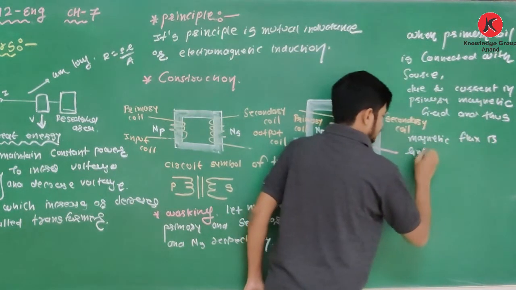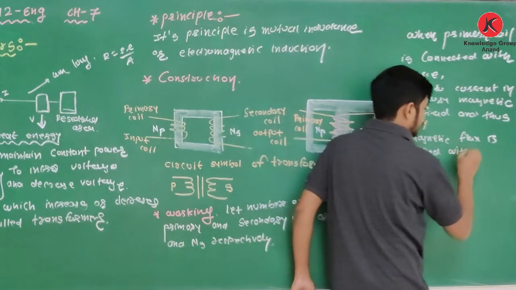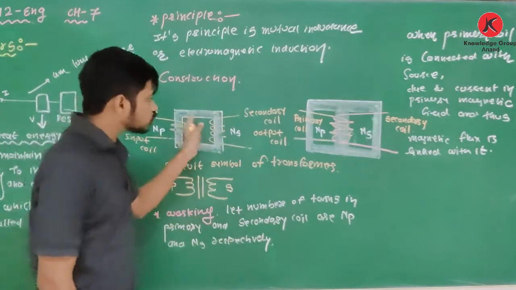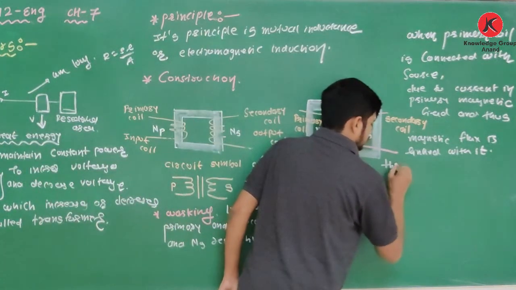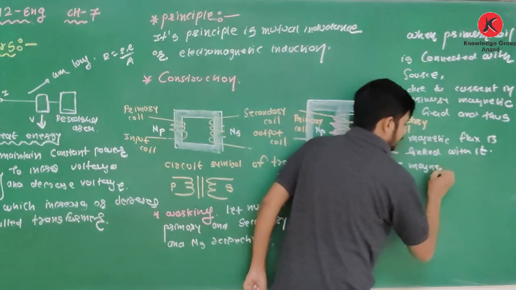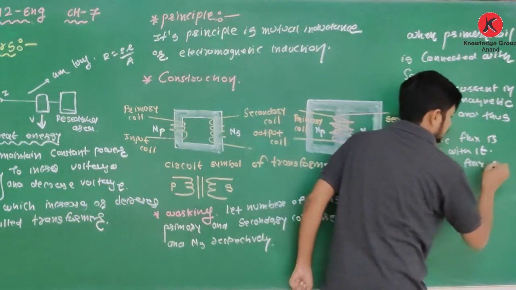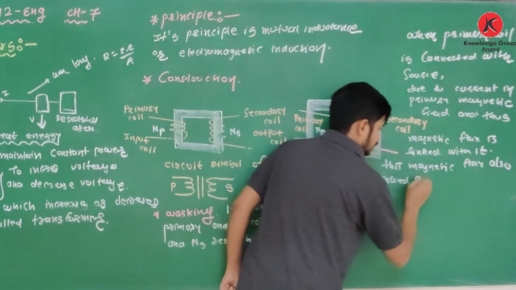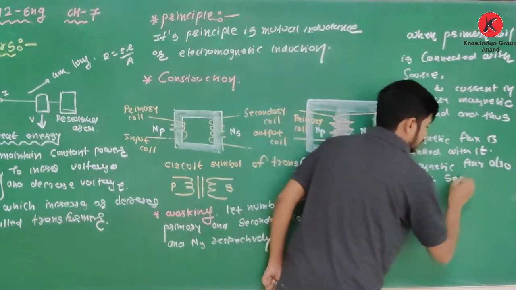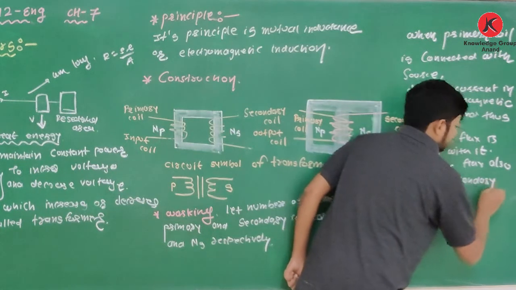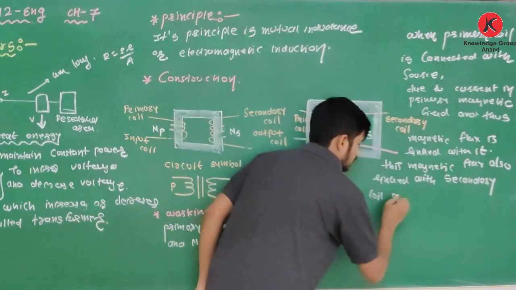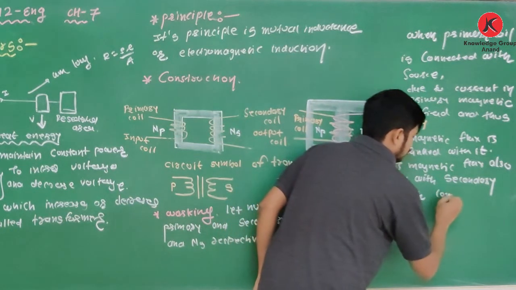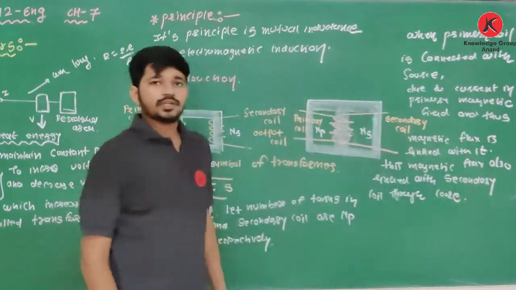This magnetic flux is also linked with the secondary coil through the core. Clear about this?